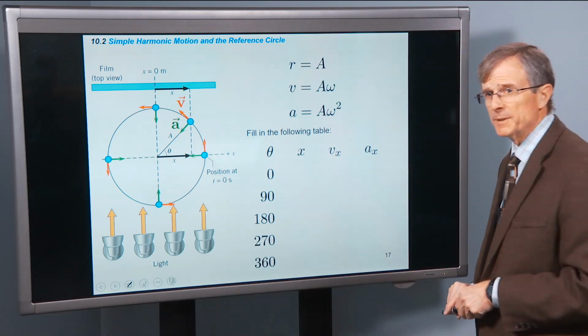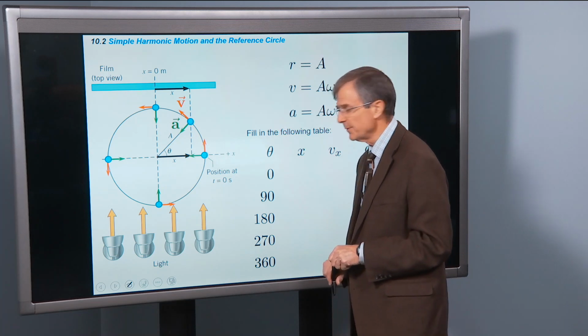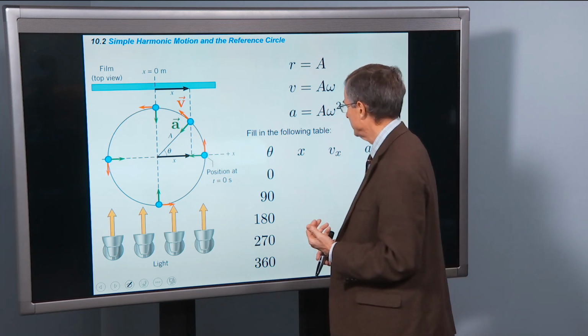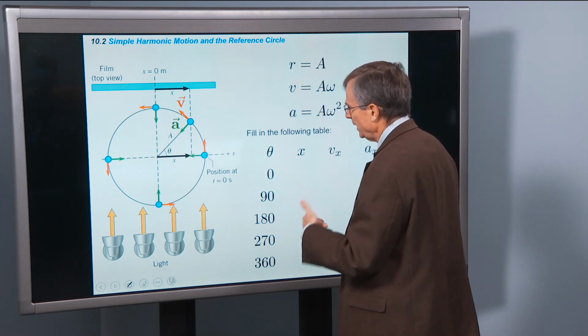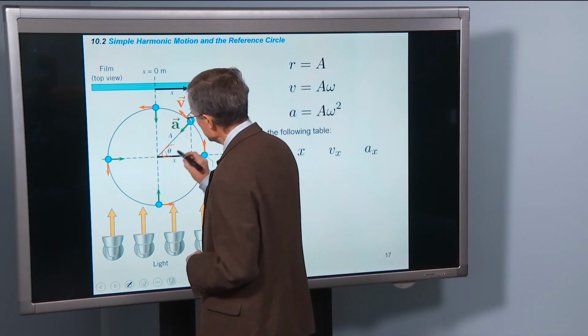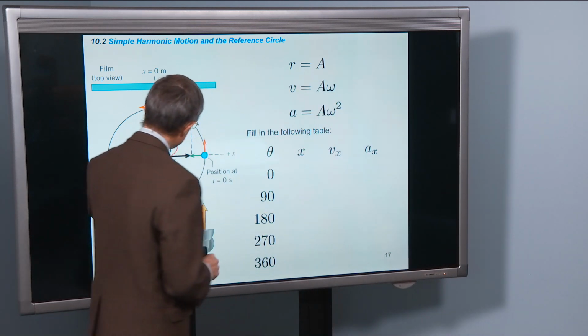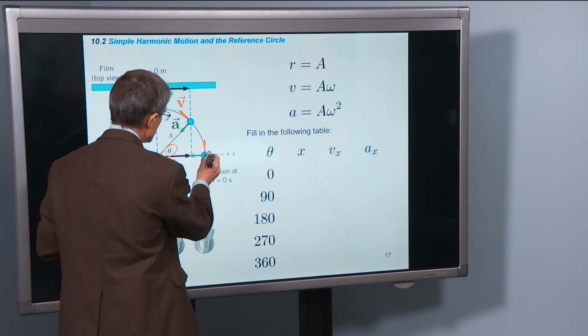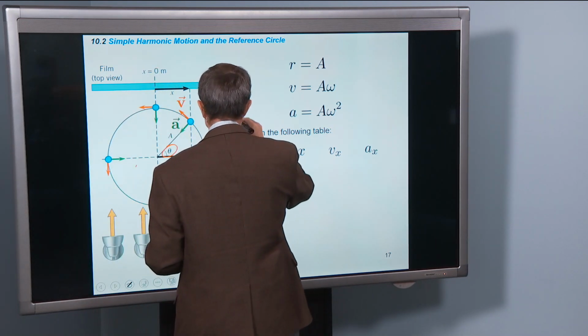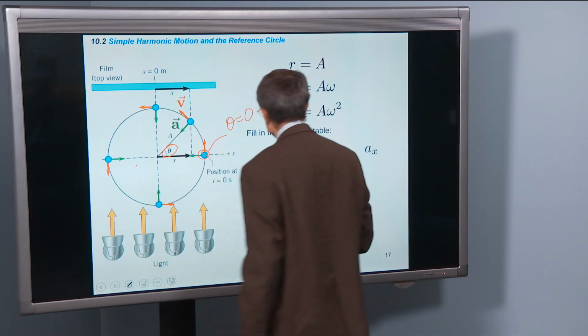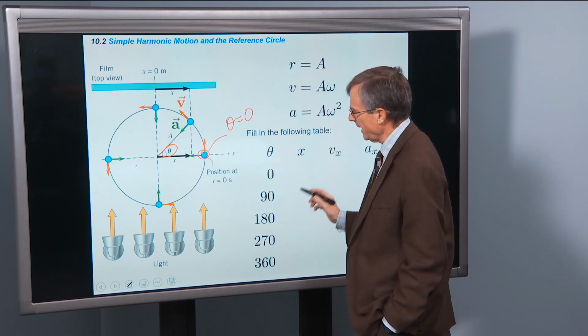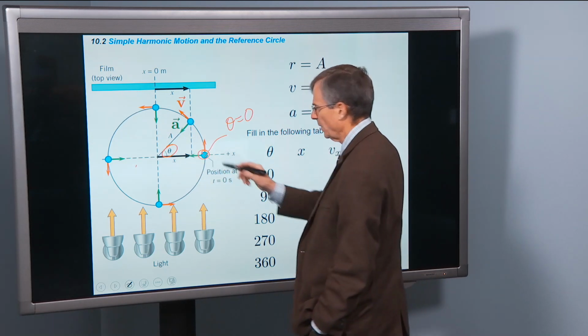Okay. Let's fill in the following table. I'm going to fill in the first few values and let you fill in the rest of it. If theta equals 0, so that's this angle here, then we're talking about this position here. What is x in that case? Well, we already talked about it.